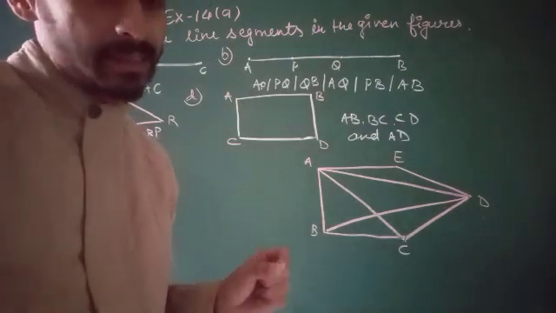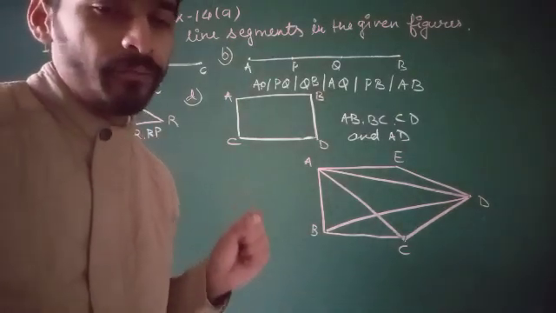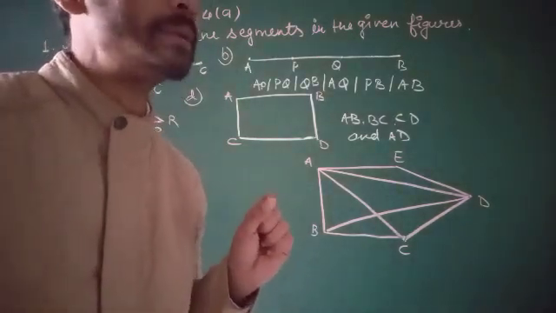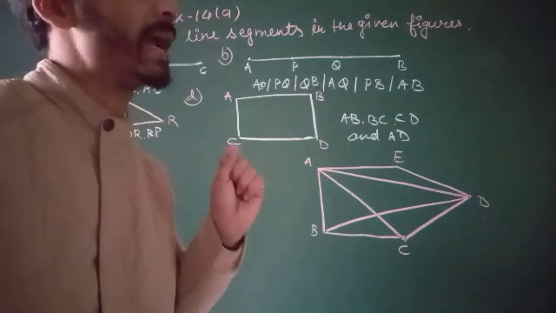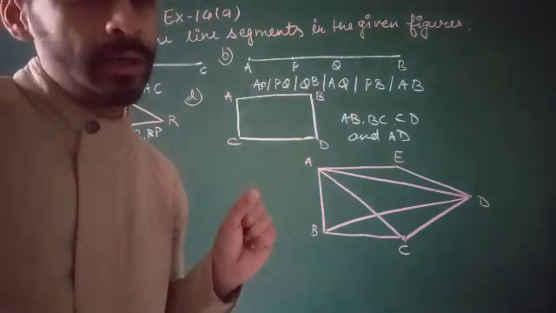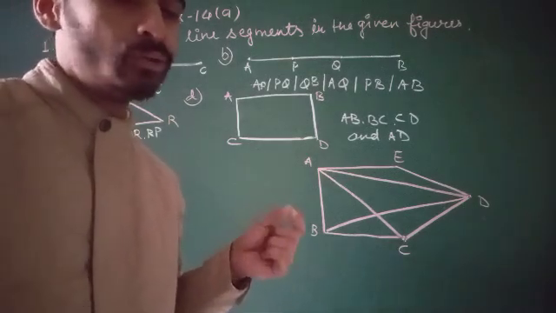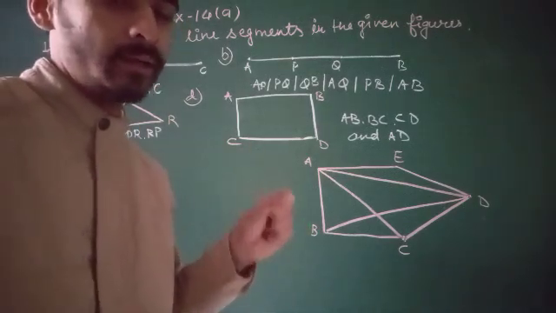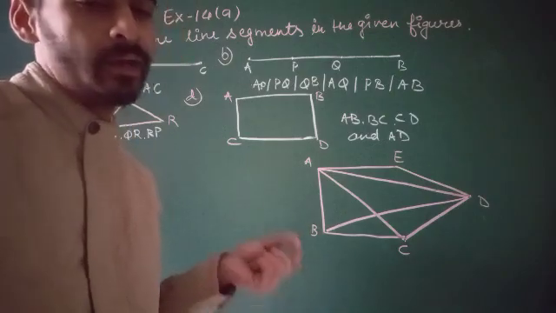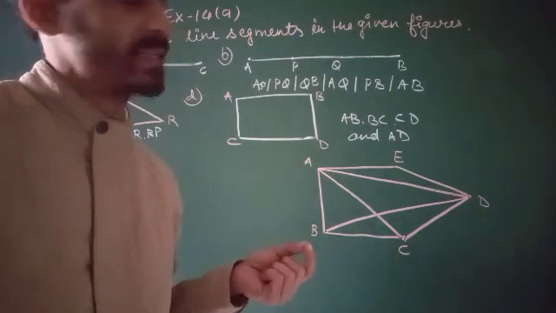What is an intersection point? You know that where two line segments meet or intersect each other, that is called the intersection point. जहाँ पे दो लाइन सेगमेंट एक दूसरे को इंटरसेक्ट करते हैं या मीट करते हैं, उस पॉइंट को हम पॉइंट ऑफ इंटरसेक्शन कहते हैं बेटा.